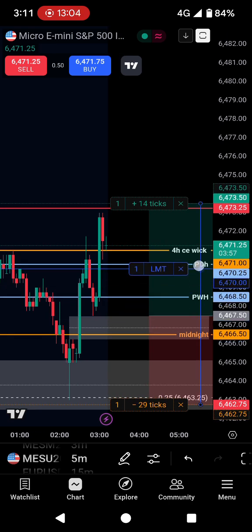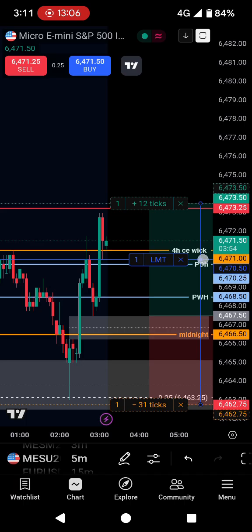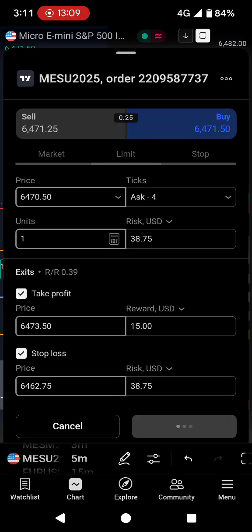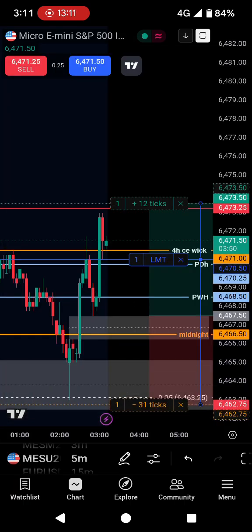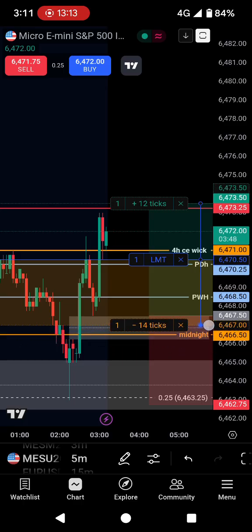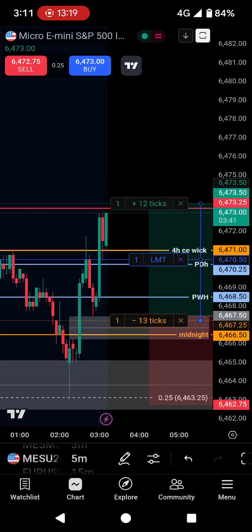Yeah, I'll just place the limit order here. Stop loss is gonna place here. So why is that I have switched the take profit target?